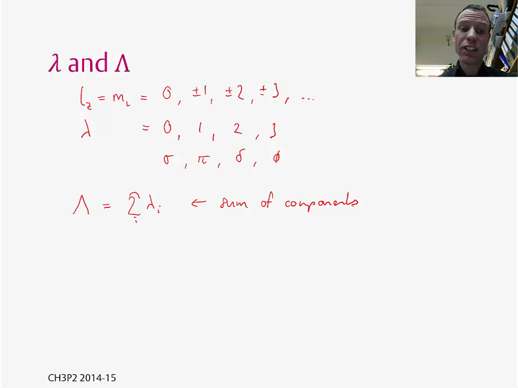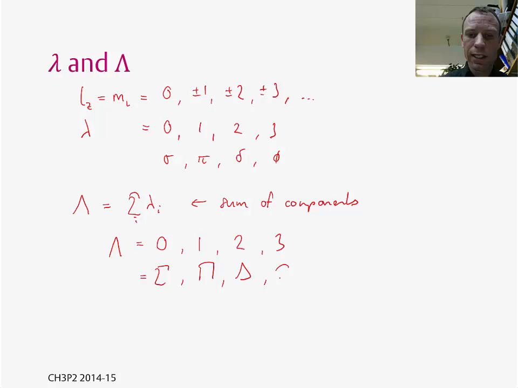Here it's just the vector sum of the individual components. And again, if we have a state which has lambda of different values, so lambda could equal 1, 2, 3, and so on, we can now give these individual states a letter. So we use capital sigma, here we use capital pi, here we use capital delta, here we use capital phi, and so on.